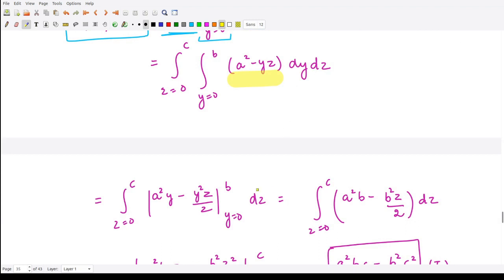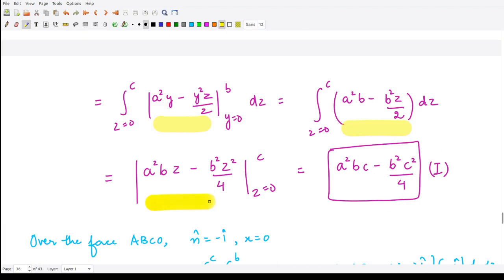So its integration with respect to y is this. You could substitute the limits for y from 0 to b, and then you will perform the integration with respect to z. So it would be this quantity, and you will substitute the limits for z varying from 0 to c. So this is your final result when you have calculated this surface integral over the first face.